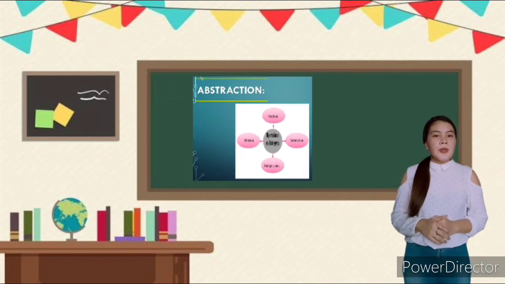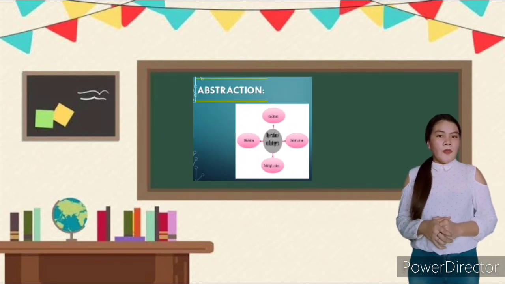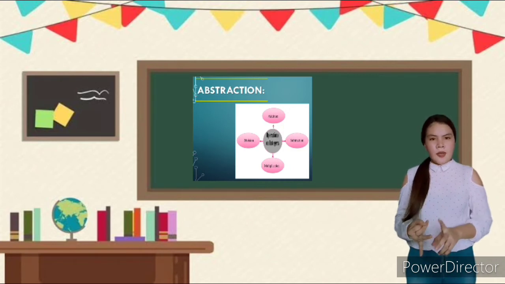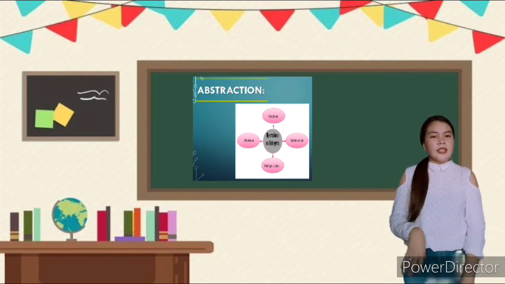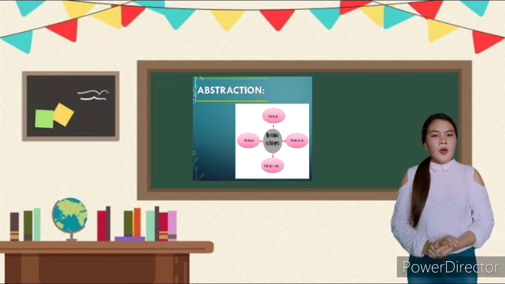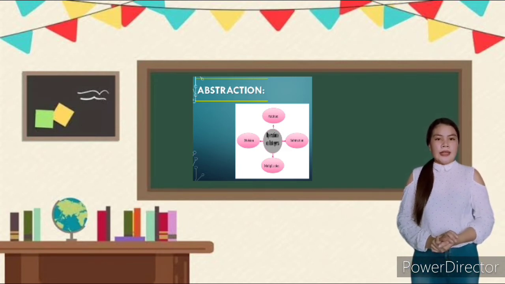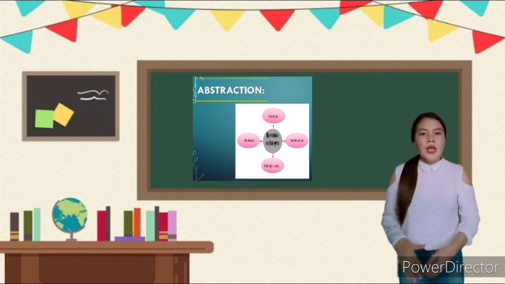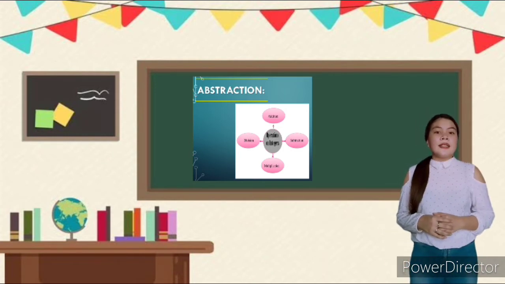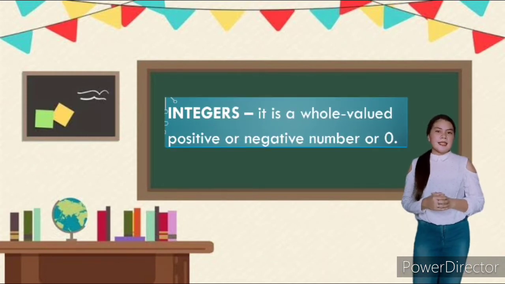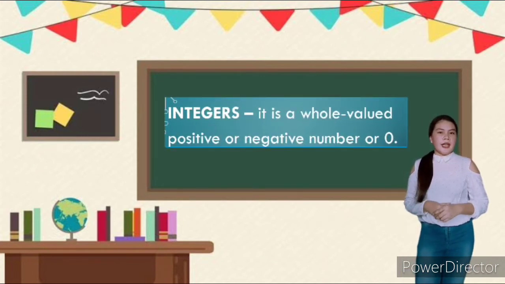Okay. So we all know that there are four operations, which are the addition, the subtraction, the multiplication, and the division. So now we'll discuss what is addition of integers. Let us first define what integers are. Integers are whole-valued positive or negative numbers, or zero.